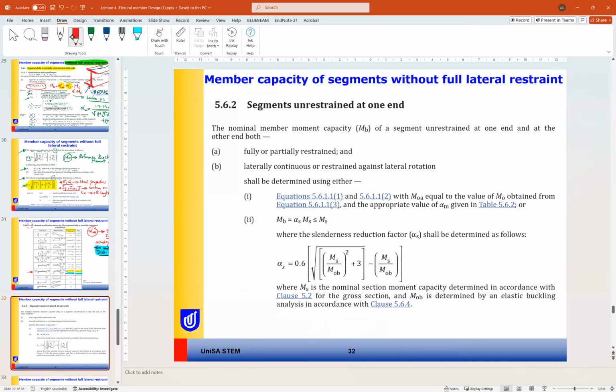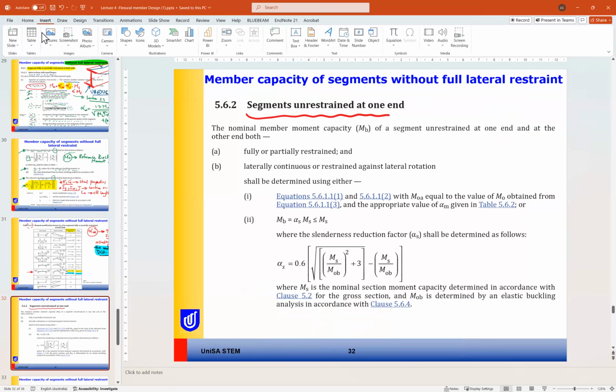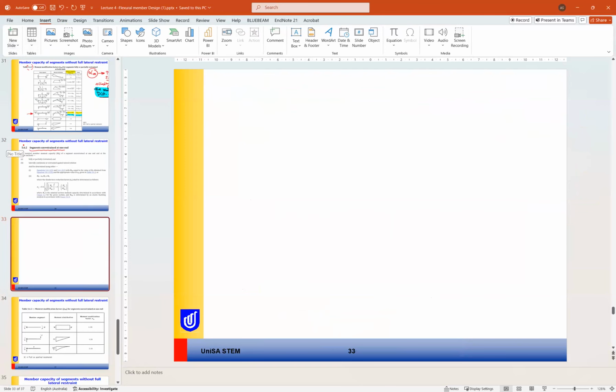For some cases, like a cantilever beam, the segment will be unrestrained at one end. So if we have a cantilever beam, I have to read the first column.